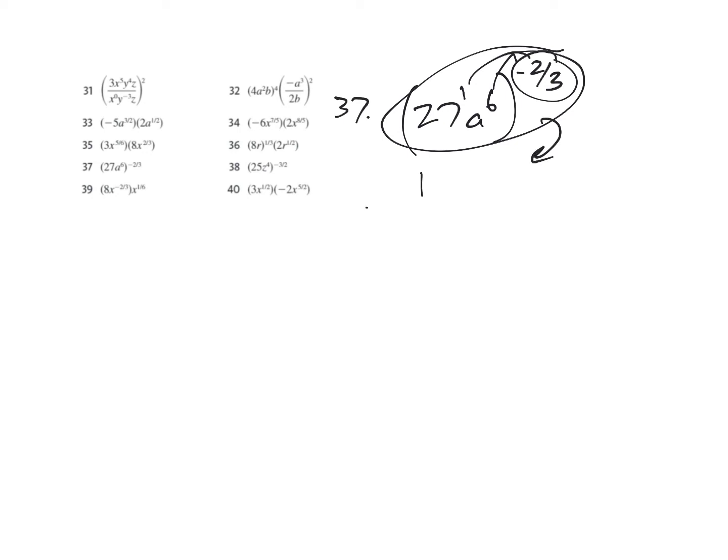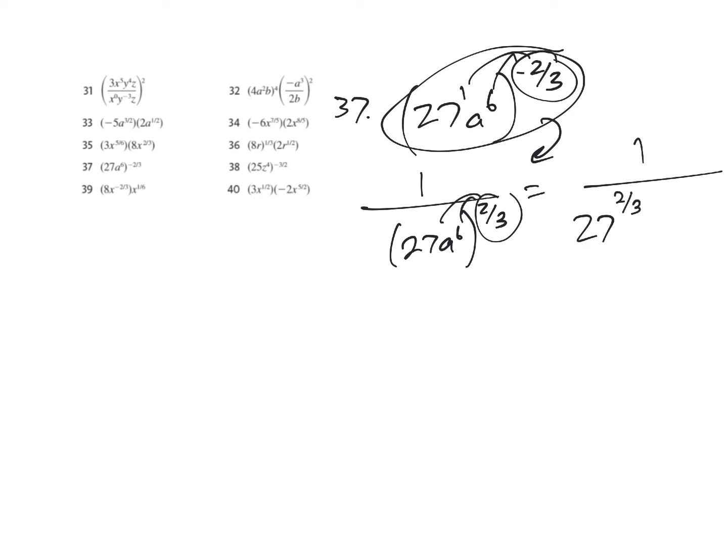So this is going to be 1 over 27, a to the 6, raised to the positive 2/3. Now distribute the 2/3 through. So 27 to the 2/3. A to the 6 times 2/3 would be 12/3, or 4.